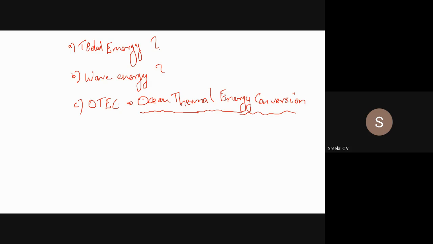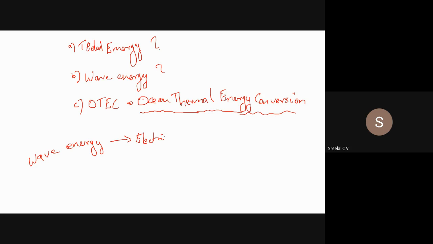I already told you the ocean energy, or wave energy, will be converted into electrical energy. From the wave energy, the tidal energy, or the OTEC, from all three we will be converting wave energy into electrical energy.